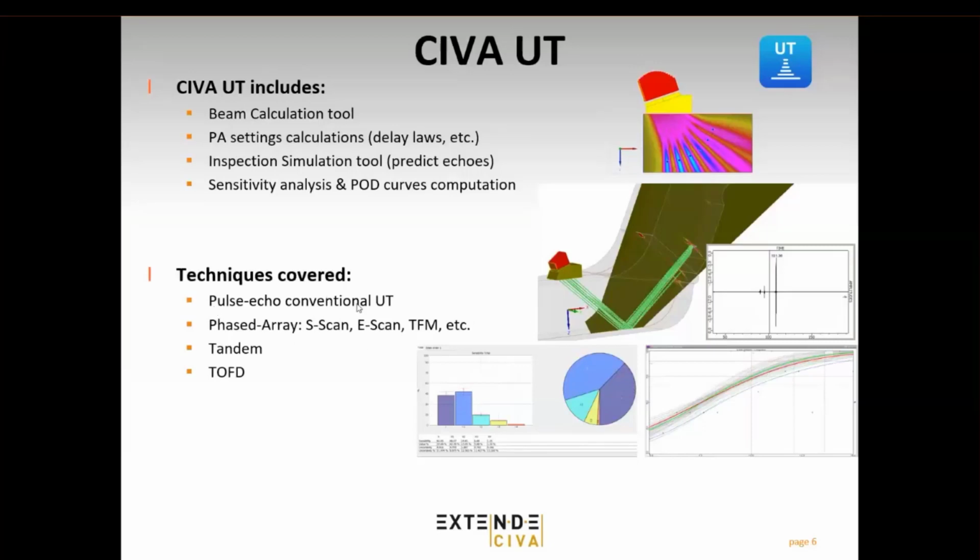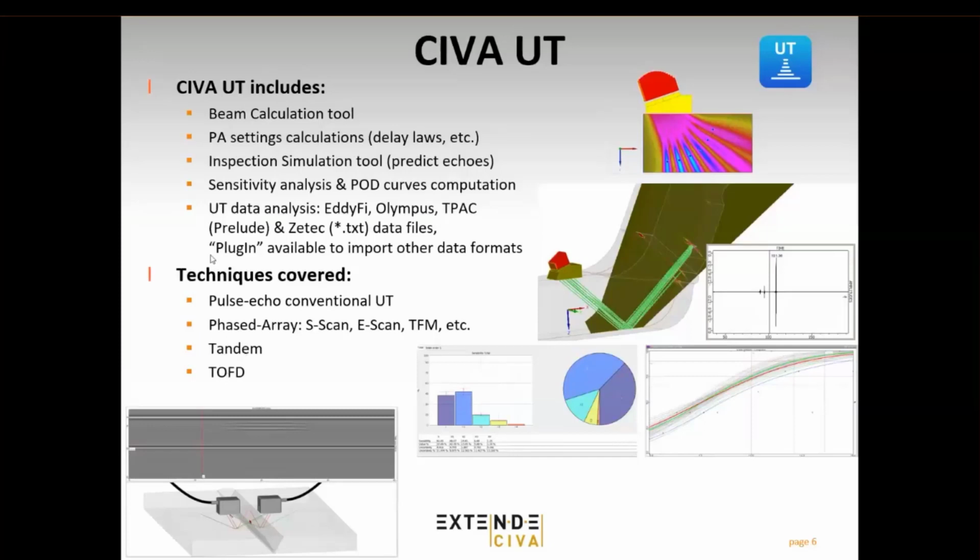It can simulate pulse echo, conventional UT, phased array techniques, sector scan, E-scan, TFM, tandem, TOFD, and so on. CIVA UT also includes an analysis part to process real data, such as Eddyfi, Olympus, TPAC native files, or even ZETEC files if you have exported them before.